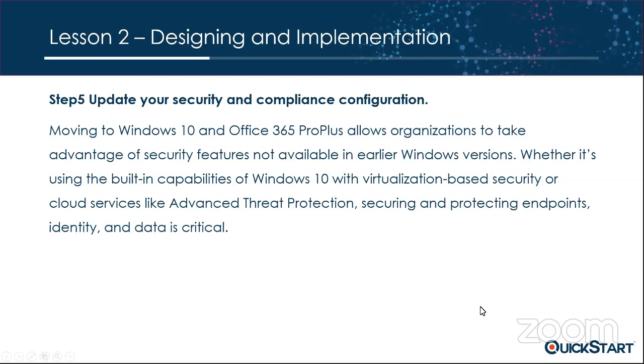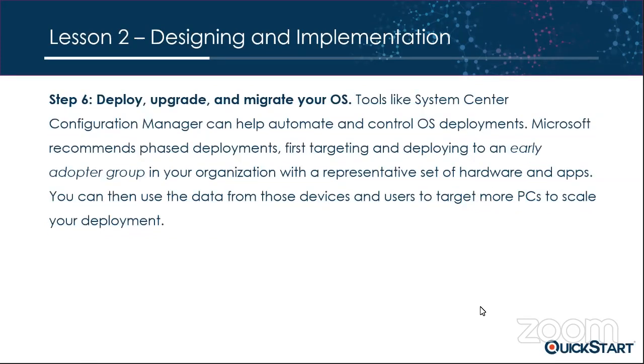So the sixth step would be deploy, upgrade and migrate your operating systems. So tools like System Center Configuration Manager, if you are a Windows guy, if you have been playing with Windows the last couple of years, you must know about the System Center Configuration Manager.